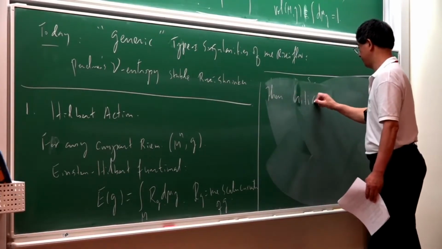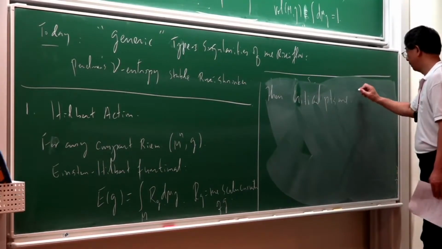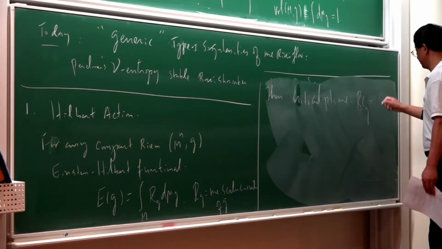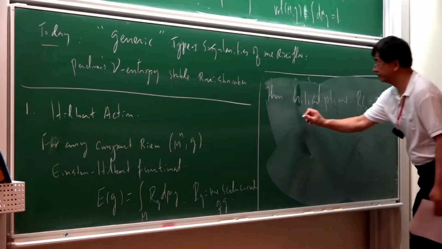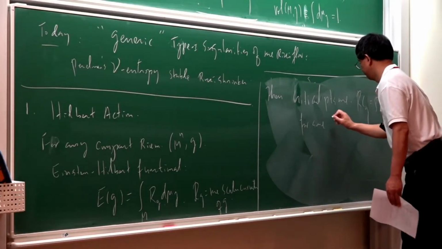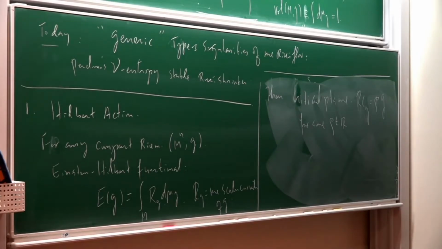Anyway, the Einstein metrics are all the critical points. The critical points are Ricci of G equal to the constant rho of G, with the constraint, right? So Einstein metrics are critical points of the Hilbert action with the volume constraint.